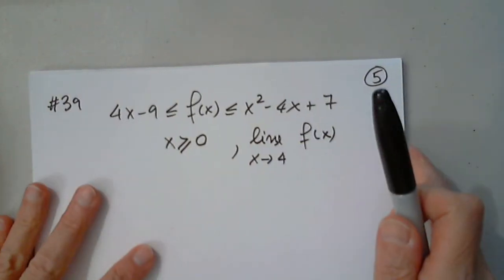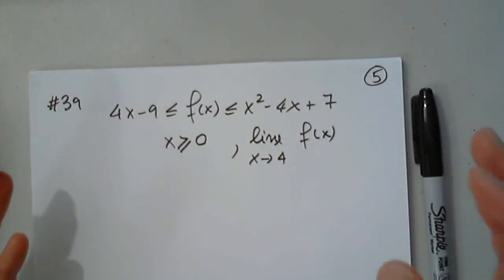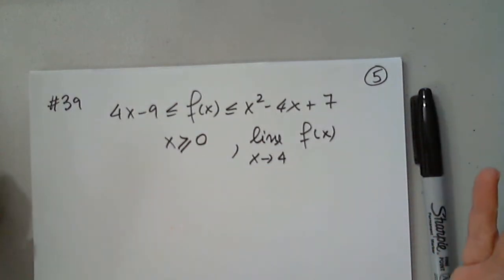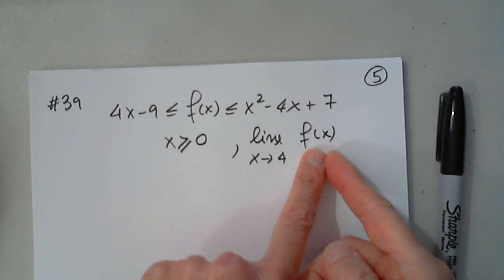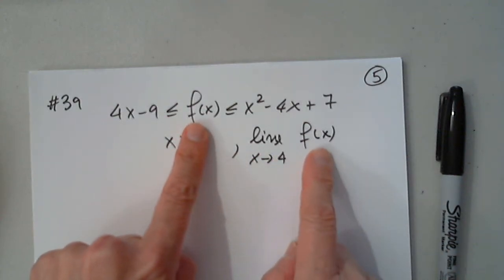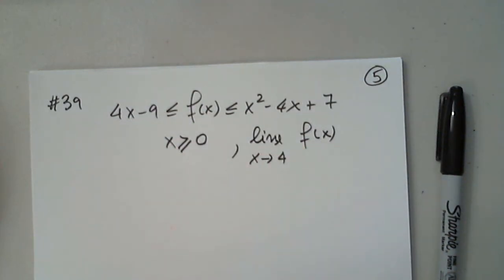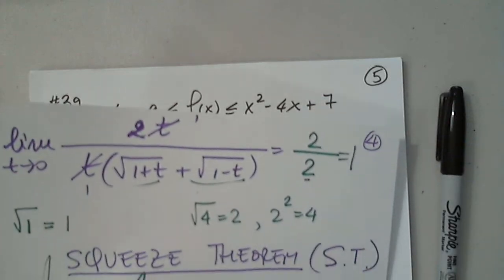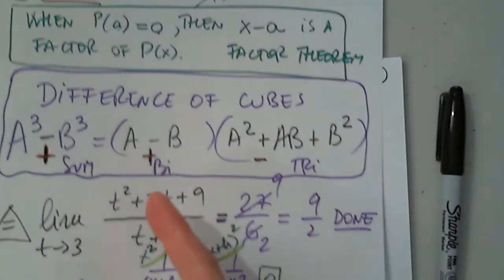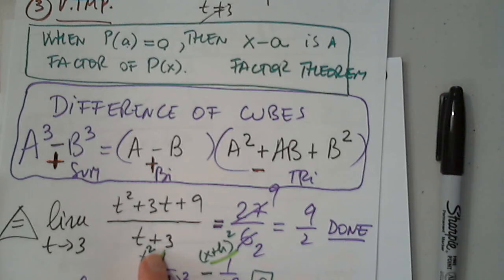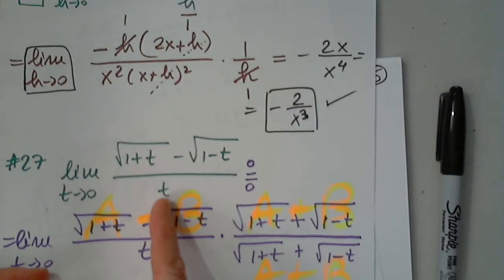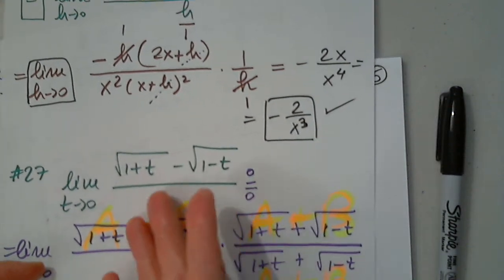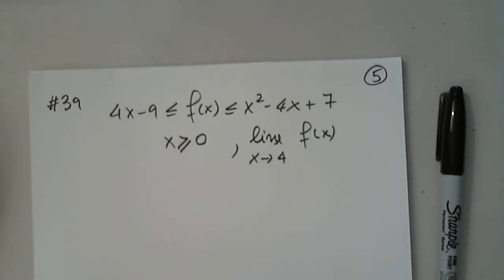Okay, so how will I ever apply anything else but the Squeeze theorem here? They're not even giving us the function. They're not telling us what the function is. So we had all these situations, like rationalizing the numerator.